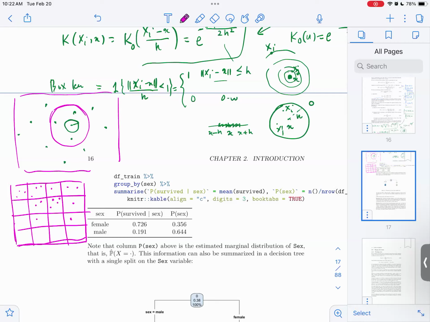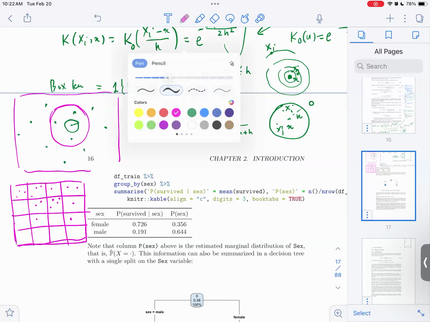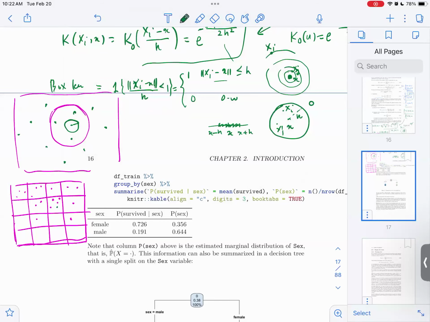So these are A1, for example, A2, A3 and so on, different cells. The cell of the partition that contains x we call A_x for analysis.